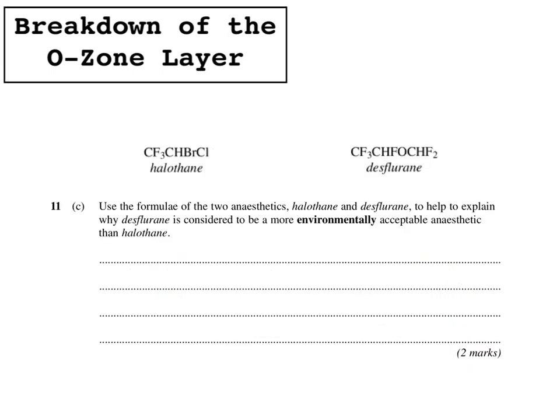Finally, they could ask you why something is more environmentally friendly than a CFC. So here you've got halothane and desflurane. It says use the formulae of these 2 anaesthetics to help explain why desflurane is considered to be a more environmentally acceptable anaesthetic than halothane. And basically what they're getting at here is that desflurane does not have a carbon-chlorine bond, or doesn't contain chlorine at all, whereas halothane does.